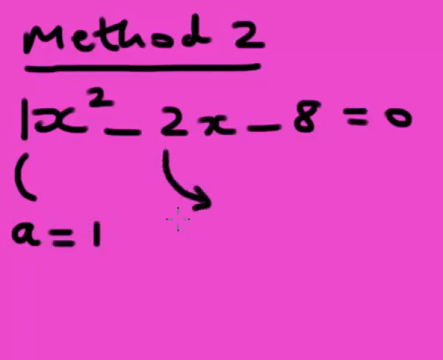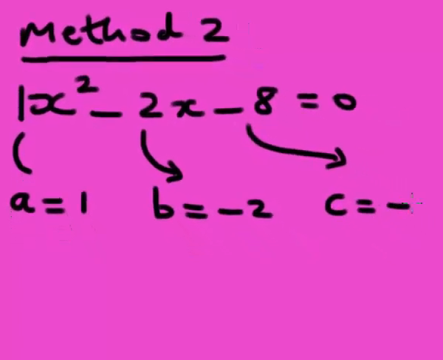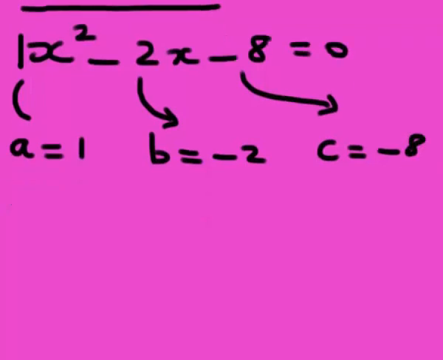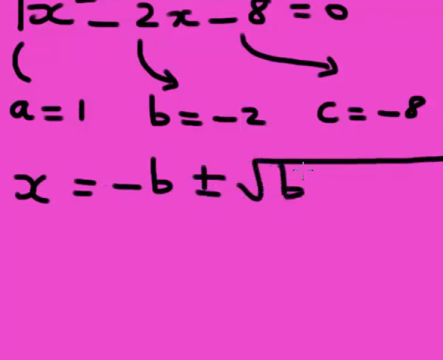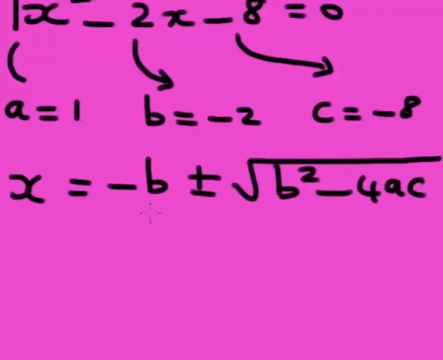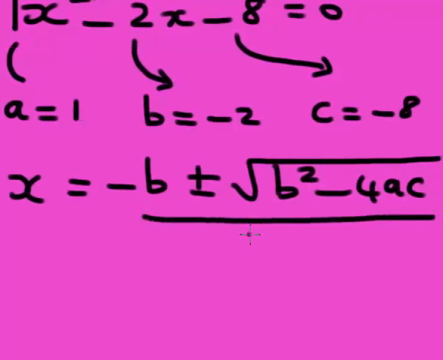The negative 2 became b, if you remember from grade 11, and the negative 8 became c. Then we had a formula which we called the quadratic formula: x equals minus b plus minus the square root of b squared minus 4ac, all over 2a. All we needed to do is plug the values of a, b, and c into this formula.